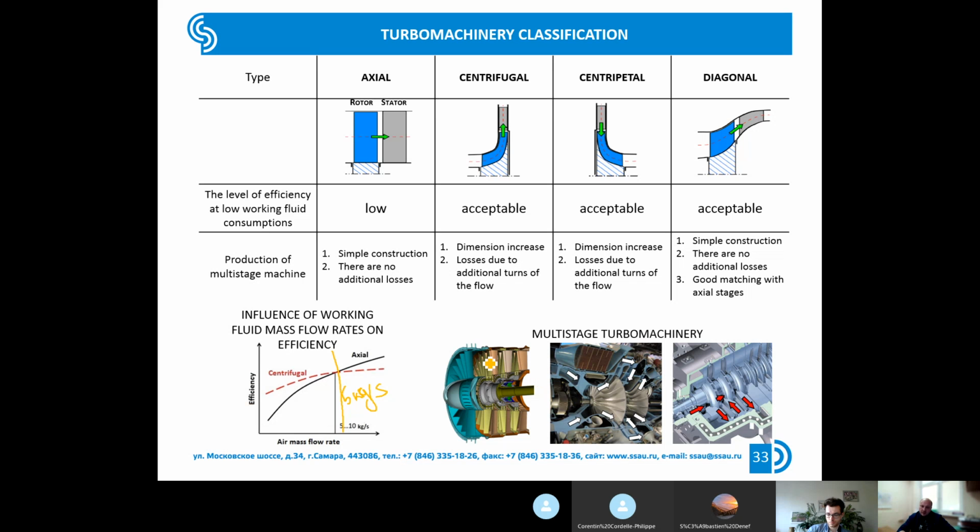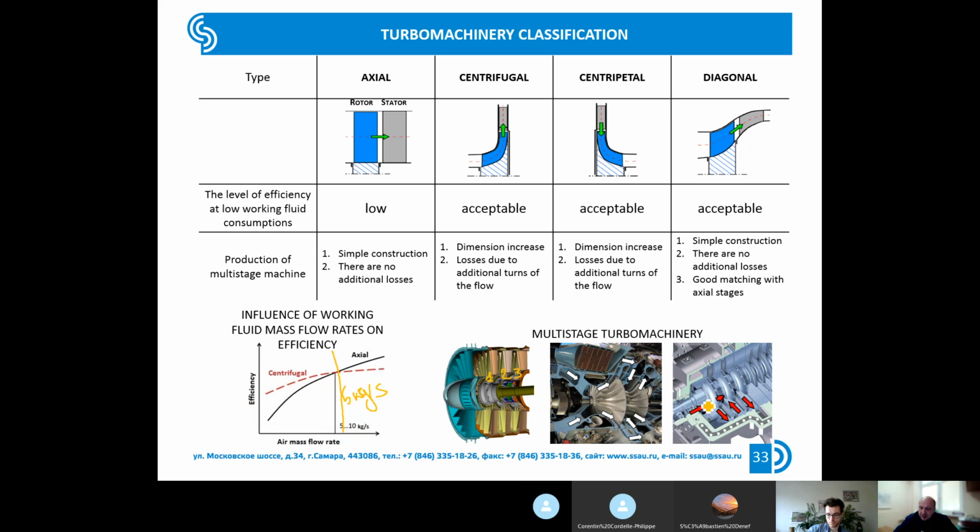This is stage number 1, this is stage number 2, this is stage number 3, and you see that you have no additional channels, no steps in the flow path, no change in diameters. So the flow from the first stage simply comes into the second stage. That's why you have no additional losses and it's perfect.